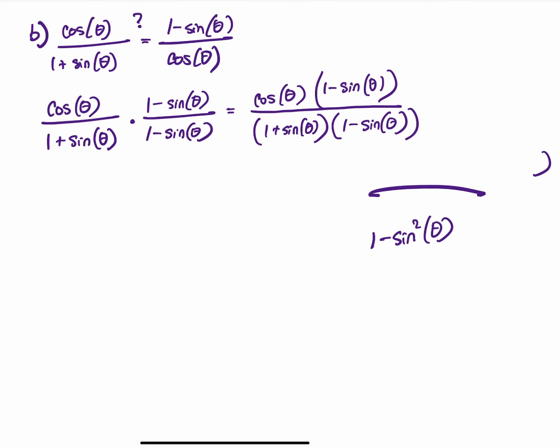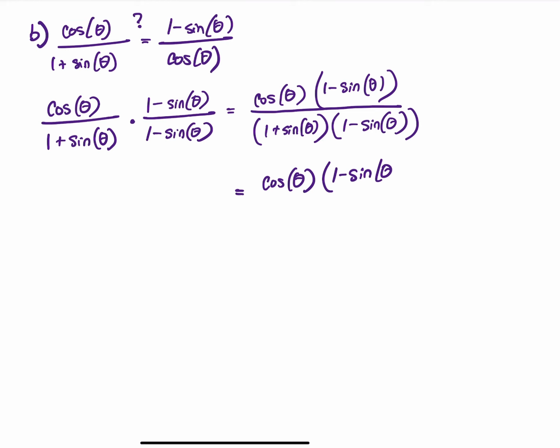So that's what I'm going to replace it with. So I'll have cosine times 1 minus sine. Notice it's like a difference of squares in the denominator. 1 minus sine squared of theta. So we just multiplied that denominator out.